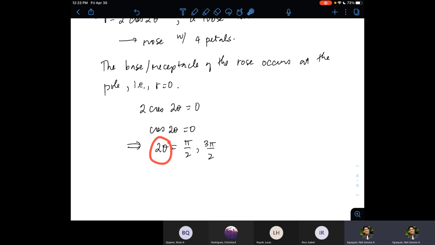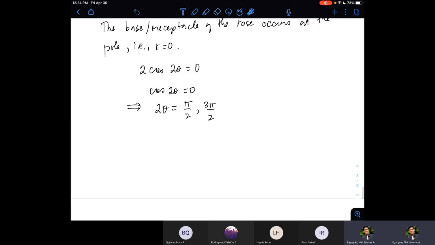But since we are dealing with the 2 theta, we need 2 revolutions around the unit circle. So we'll not stop at these 2 angles, but do another revolution, which is basically adding 2 pi to this guy and to this guy. So this would be 5 pi over 2 and 7 pi over 2.